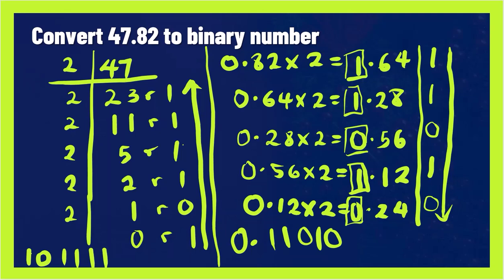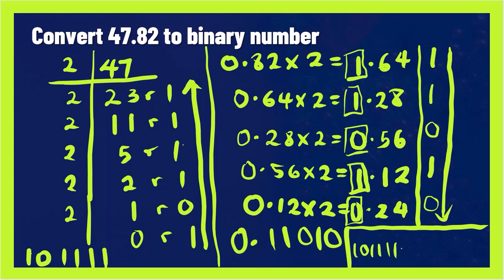Amazing. So now if we want to write the final answer for this, let me create a box to write it here because of space. So now I start from the integer part, so let's write that 1 0 1 1 1 1.